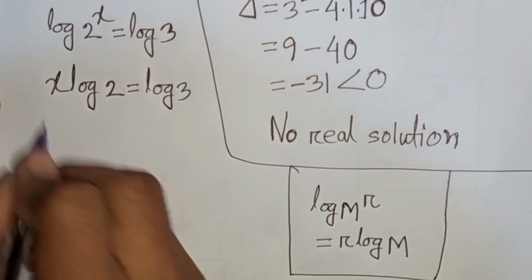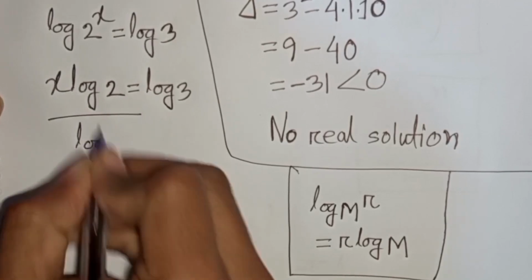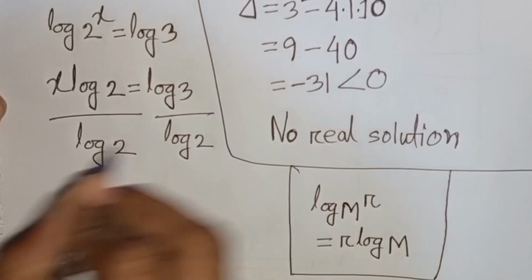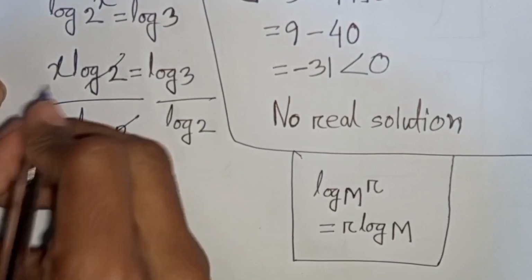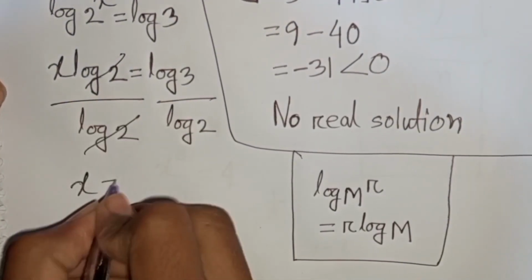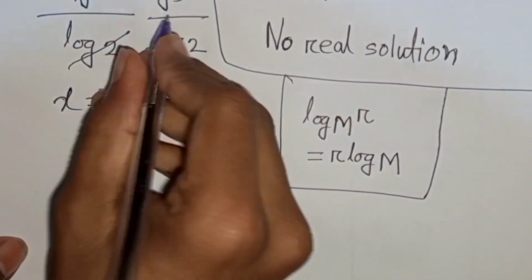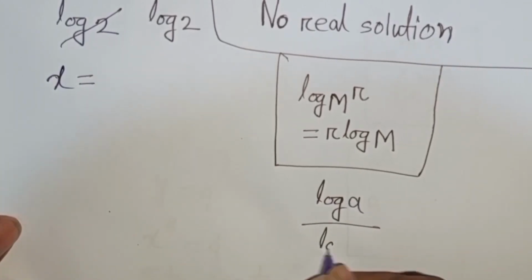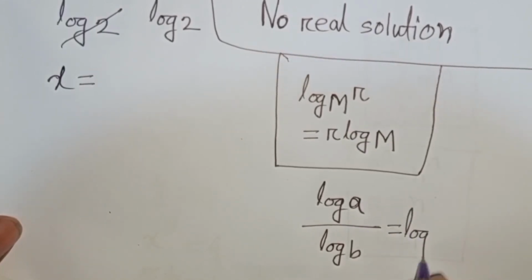Now we need the value of x, so divide by log 2 on both sides. Now we see this log 2 will be cancelled. So here x will be equal to, here we can apply this formula, log a divided by log b is equal to log a base b.